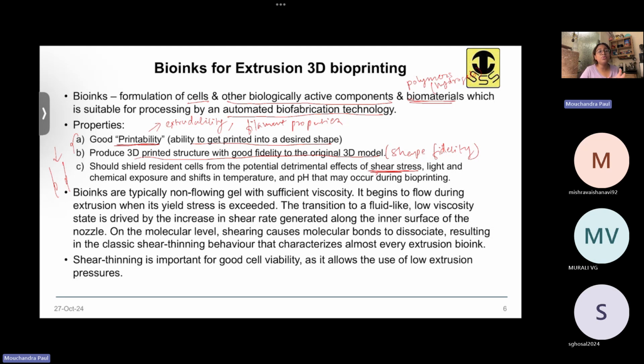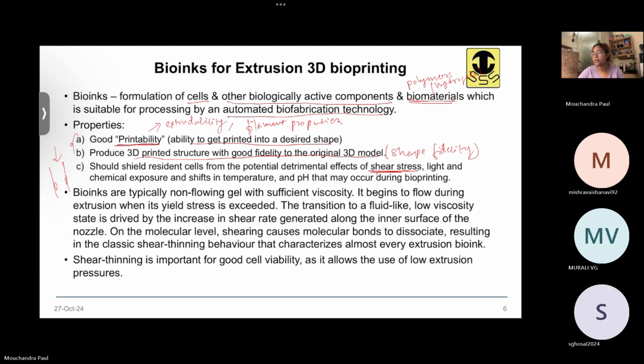If you maintain good printability, then you will have to face some loss in cell viability as well. But if you want high cell viability, then the printability will be compromised. So we have to think of novel ways to increase the printability while retaining very high cell viability. These two trade-offs have to be balanced, and the final objective of every researcher in this area is to get very good printability with high cell viability.